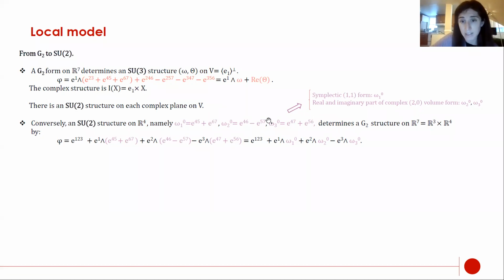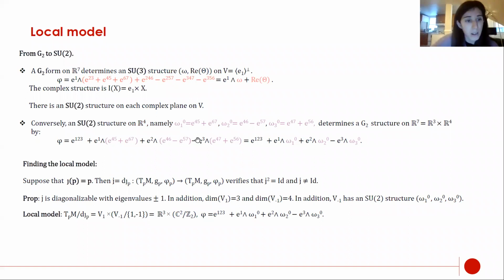Whenever we have this, we can split R7 as R3 times R4 and write the G2 structure in terms of the standard basis of R3 and these forms that determine the SU2 structure. Here you can see how.